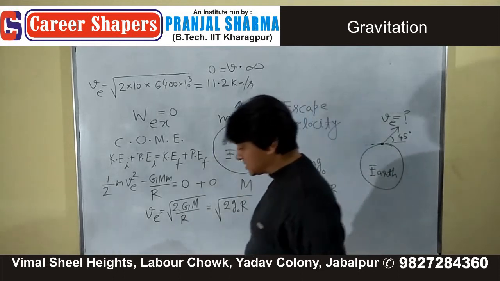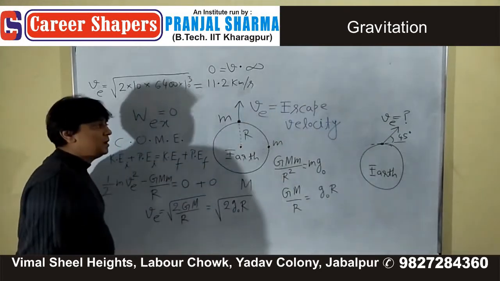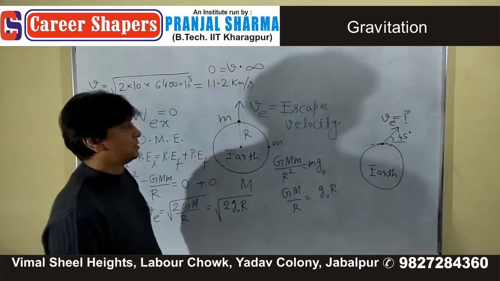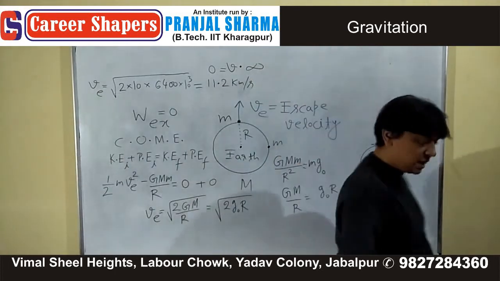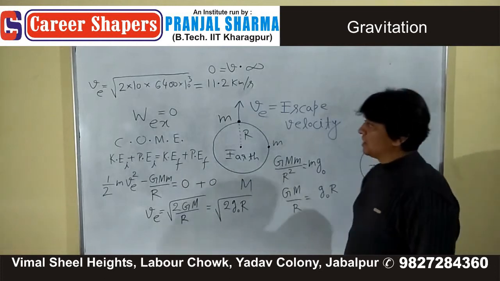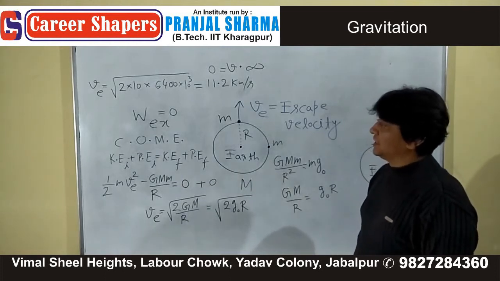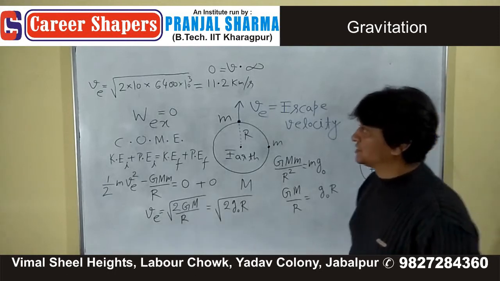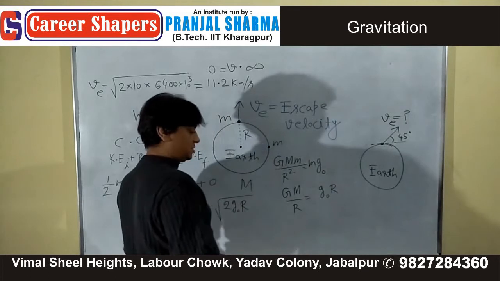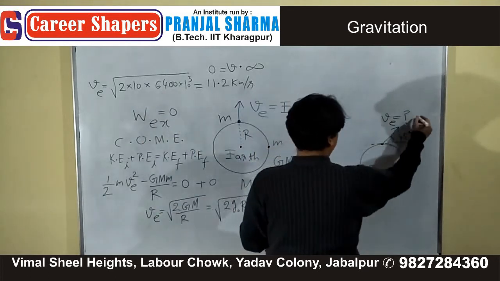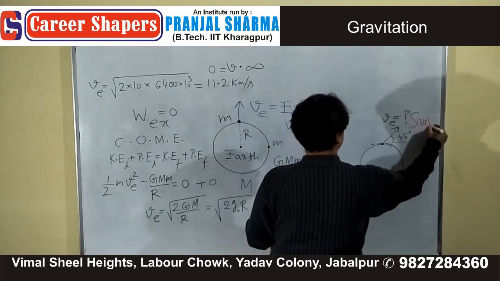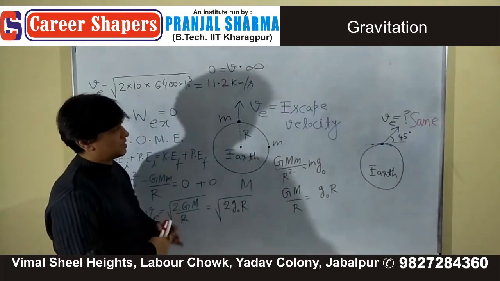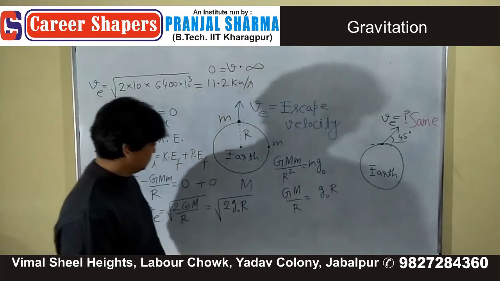Write down this modified statement: escape velocity does not depend upon the mass of the projectile as well as its direction of projection. And therefore this v is also the same. There is no change in it. Note down this much.